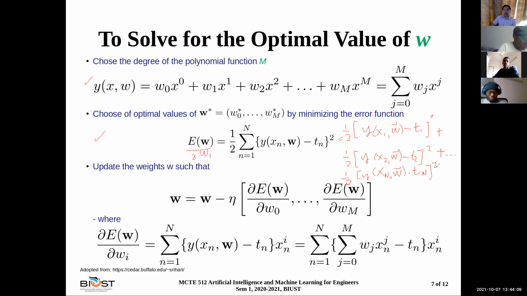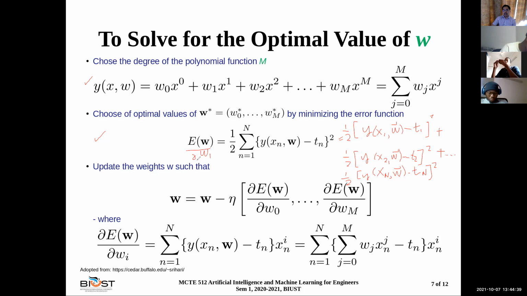Now, how do we take the derivative of each term? We take the derivative with respect to W1, W2, up to the M value. For example, if your M goes up to 5, then you take the derivative with respect to W1, W2, W3, W4, W5.